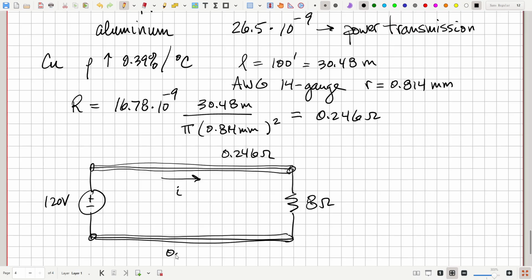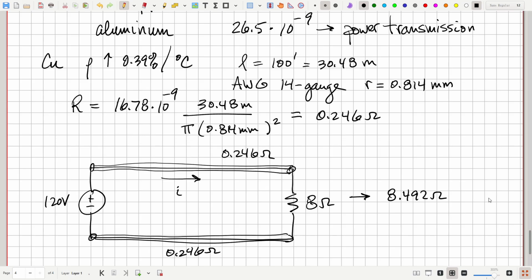That's also 0.246 ohms. And so we'll talk in a future lecture about resistors in series, that their resistances just add. So this would be 0.246 plus 8 plus 0.246. That would give you a total resistance of 8.492 ohms.